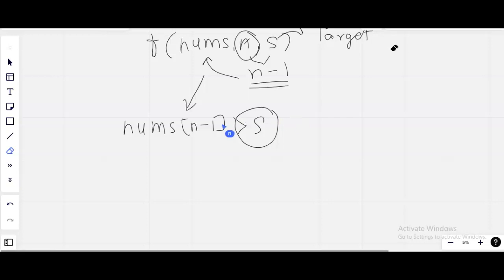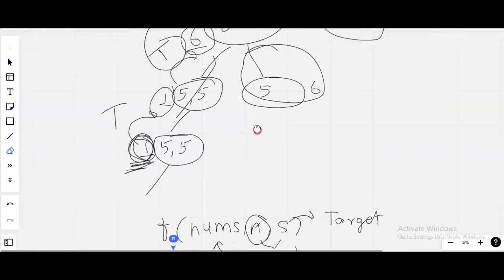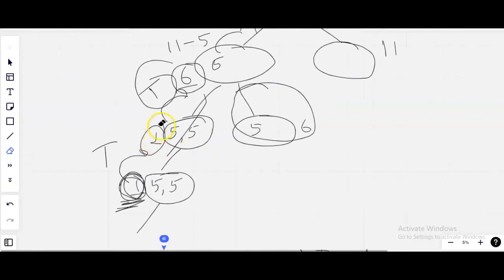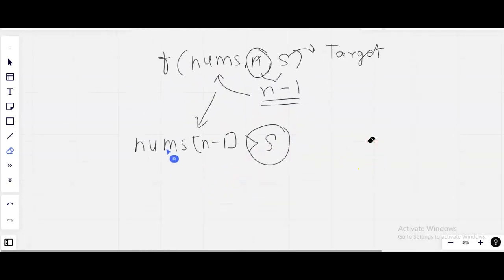As we have discussed here, the current element was 11 in this call and the target was 1. So the current element was greater and we could not take it. So we will simply ignore the element and call the function of nums for the next element, and the sum will be as it is, correct?